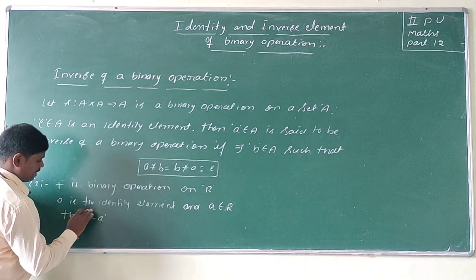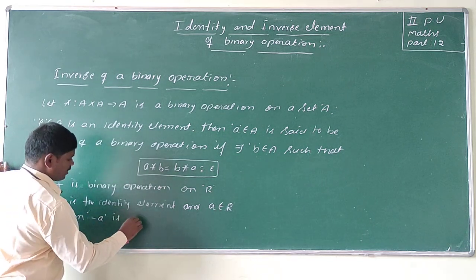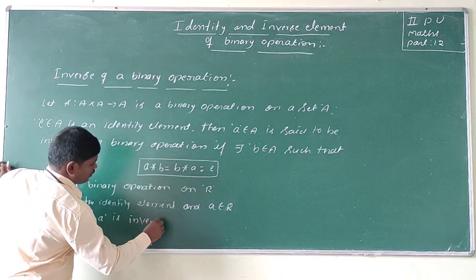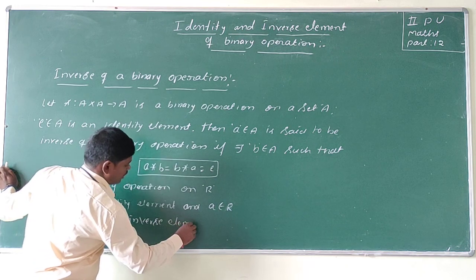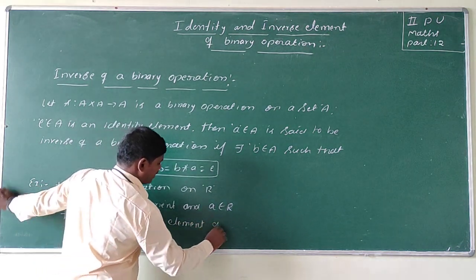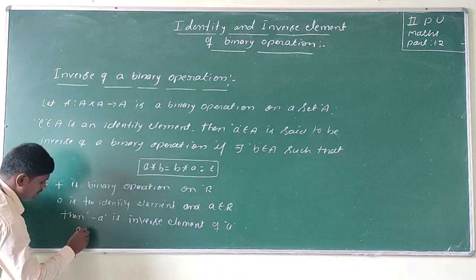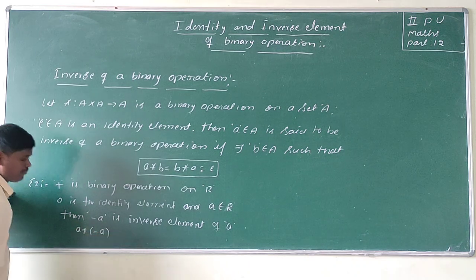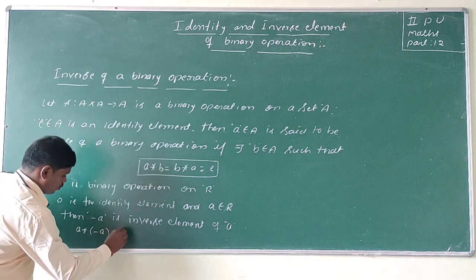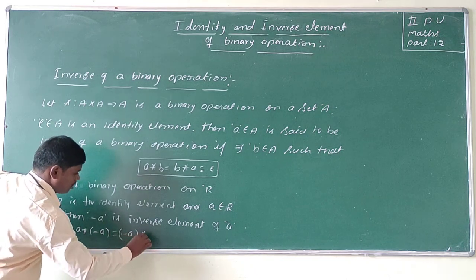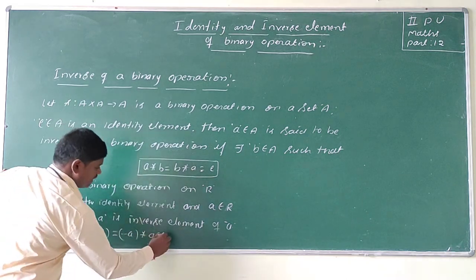Then minus a is the inverse element of a, because a star minus a is equal to minus a star a is equal to the identity element.